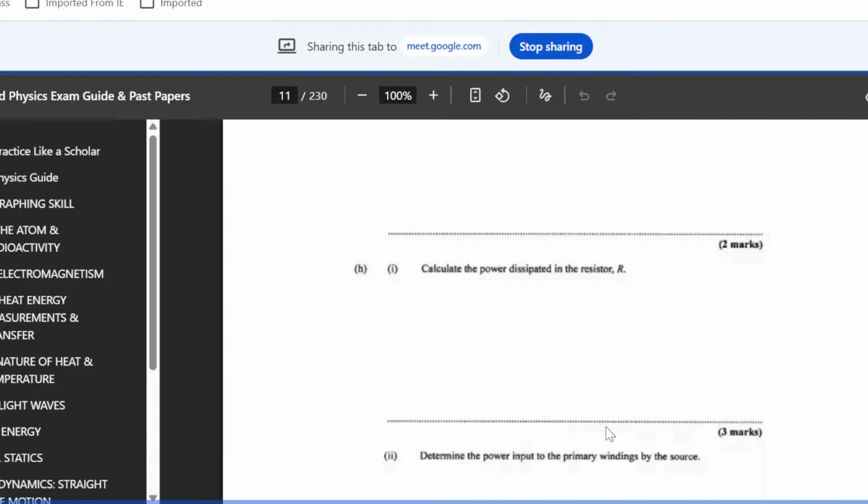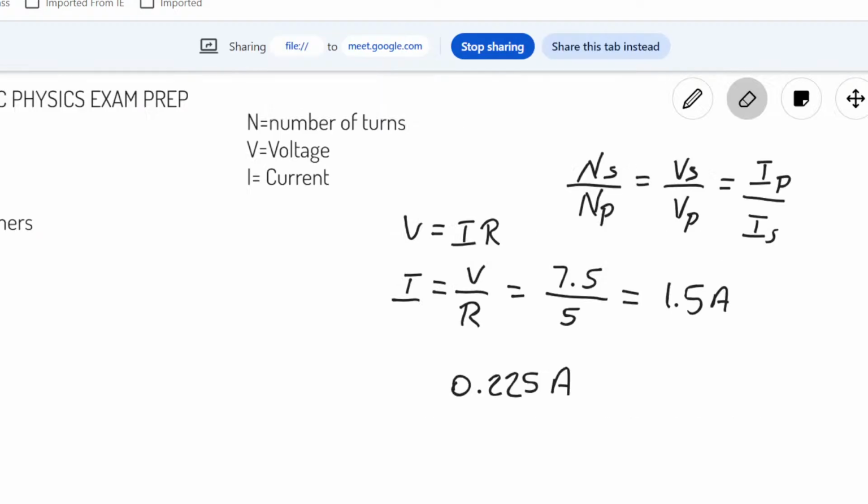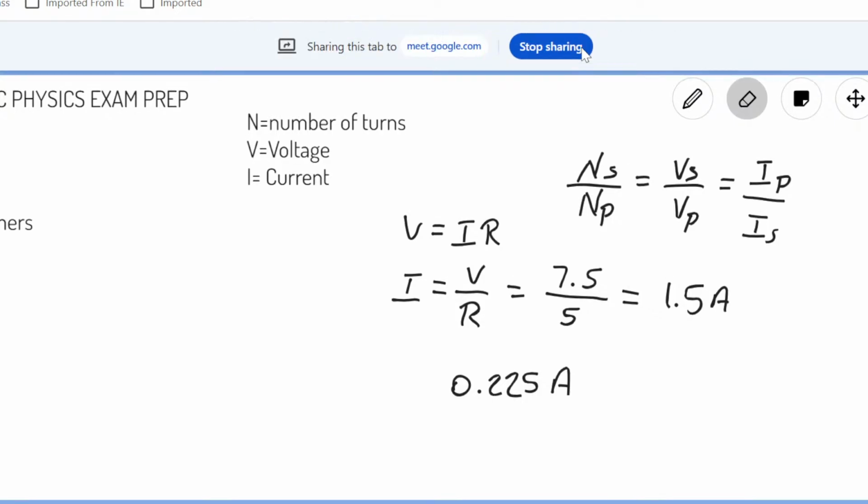All right, so no, it's not the regular P equals IV. It's not that one. If you need to make a note of this one, you can. So we know P equals IV, that's electrical power.